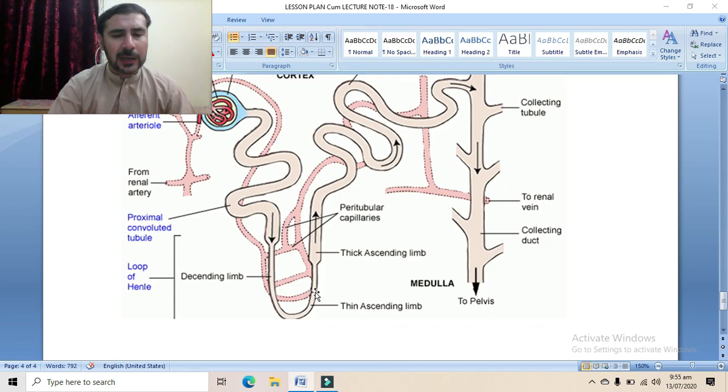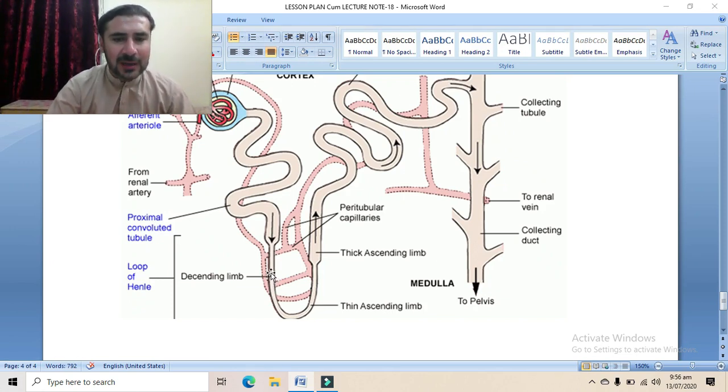So here the water concentration will increase, the solvent will increase, while here the solute concentration will increase and the solvent will decrease, the water will decrease. So what will happen in this descending limb? In this descending limb, the water concentration is higher and the solute concentration is lower.